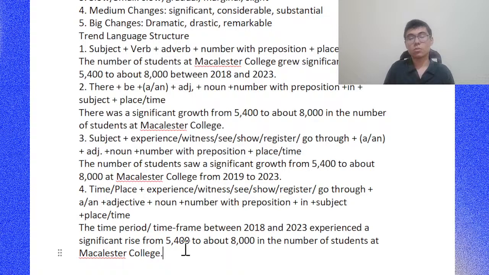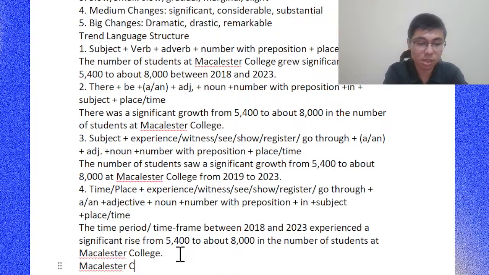And you can also structure it in a different way as well. You can put the place first, and after that here we can use the time, because until now we've only used time first. So now let's use a place at the beginning. Macalester College.